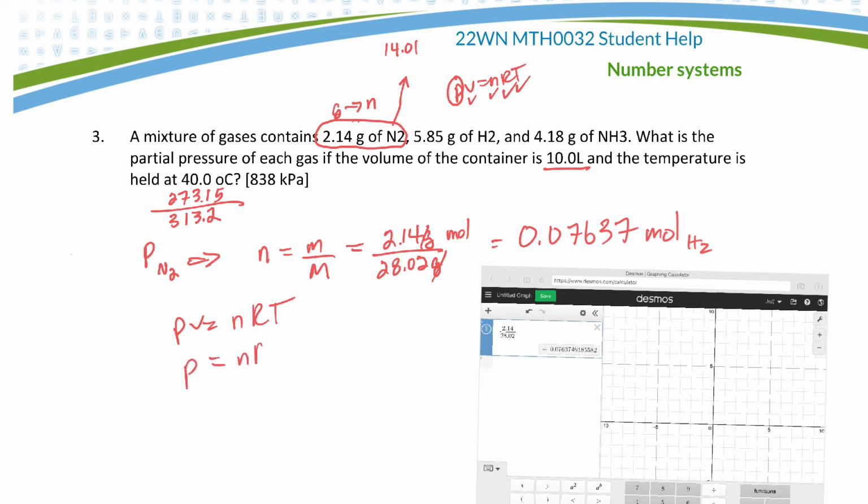So pressure is nRT over V. My number of moles is 0.07637 moles.